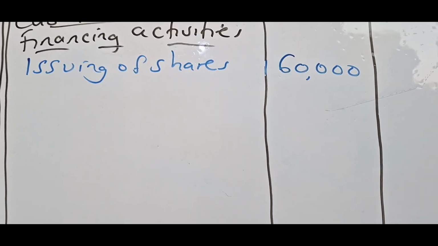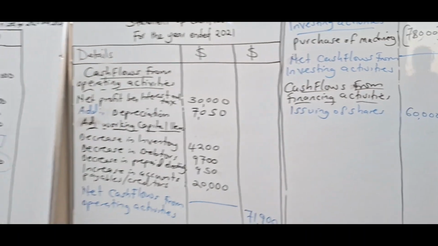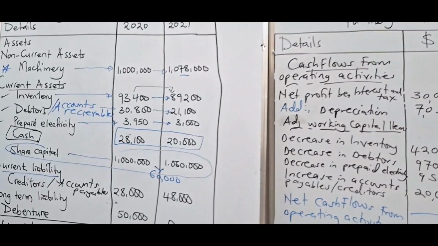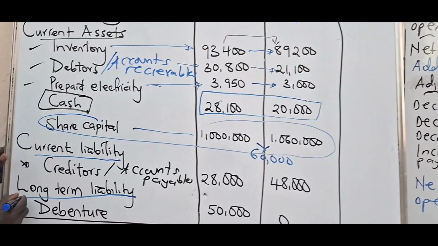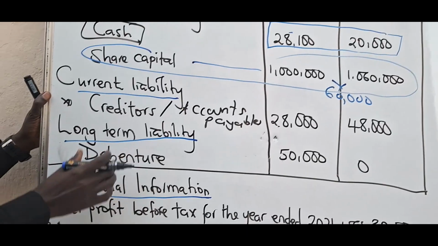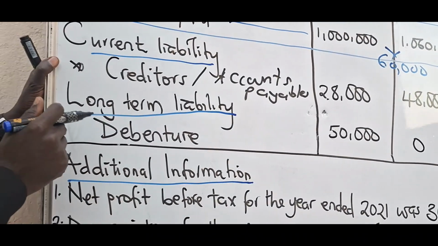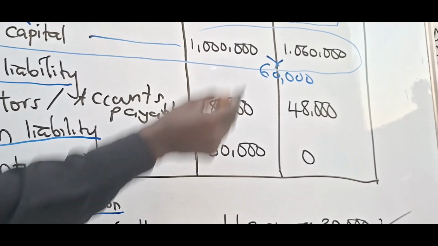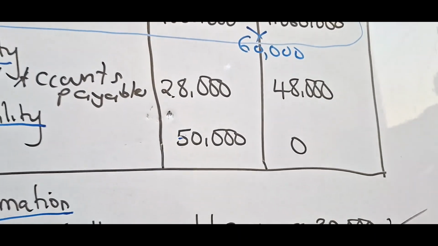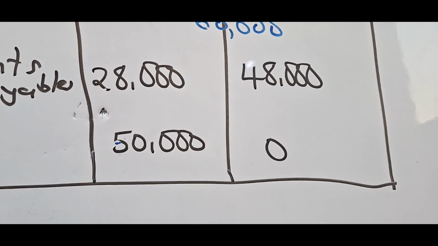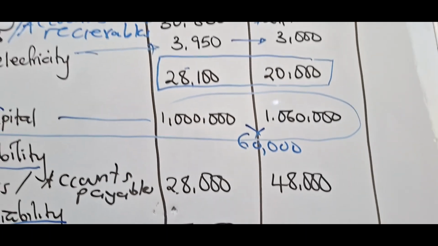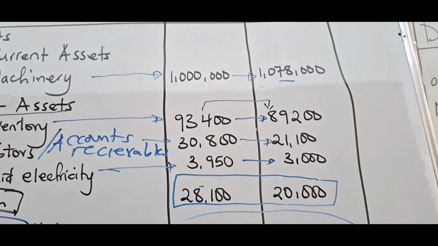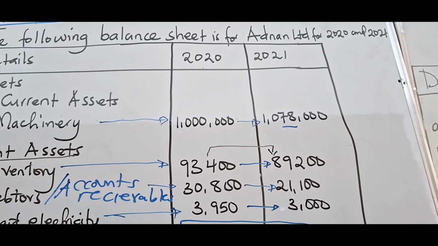Then I talked also about the longer term liability or non-current liability. We have debenture. In 2020, it was 50,000. But by 2021, it is 0. What has happened? The answer is, it can only reduce if you have paid.